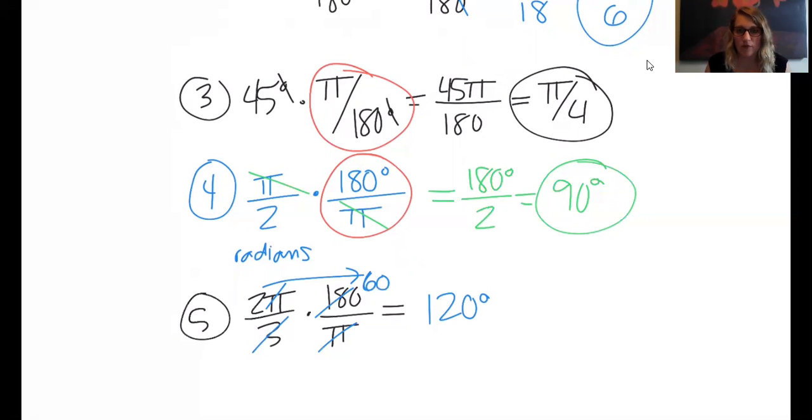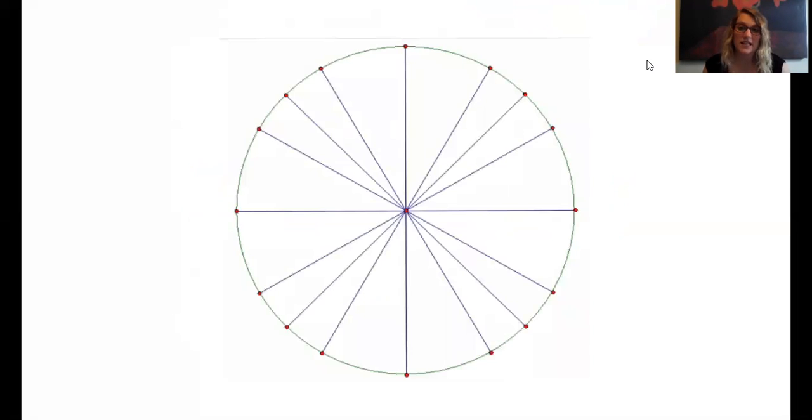Let's talk about why this is helpful for the unit circle. Maybe you've seen this kind of picture before. This is just a circle that's divided up into pieces. I think it's easiest to look at this in different fractions. So we're going to just look at different fractions going all the way around. I'm going to do some highlighting here. For the first one, let's talk about just these angles that I've highlighted in red.